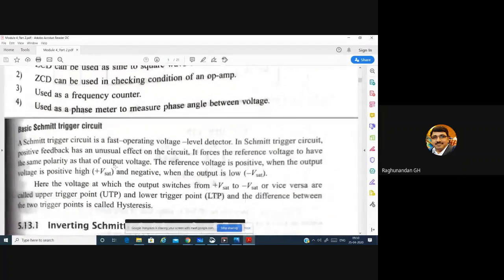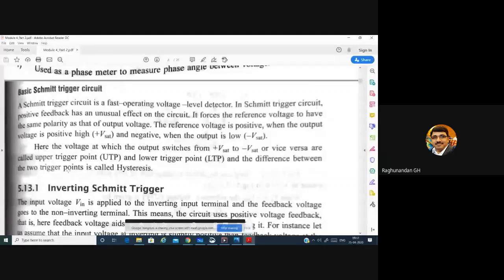After this, the next one is very important, the Schmitt trigger circuit. A Schmitt trigger circuit is a fast operating voltage level detector. It is very fast compared to any other type of comparators. It is going to detect the voltage fluctuations.